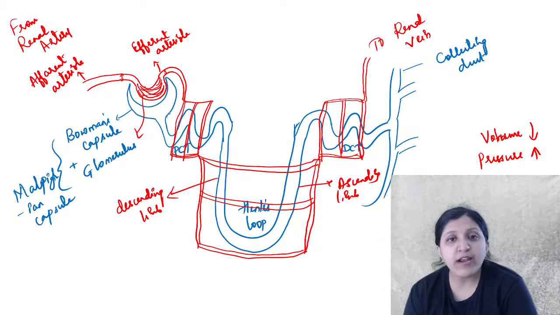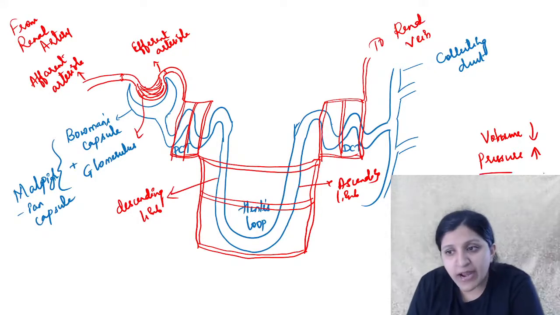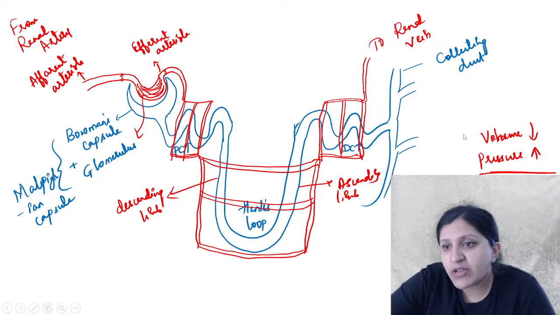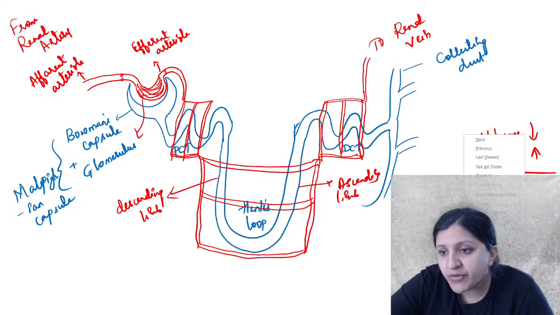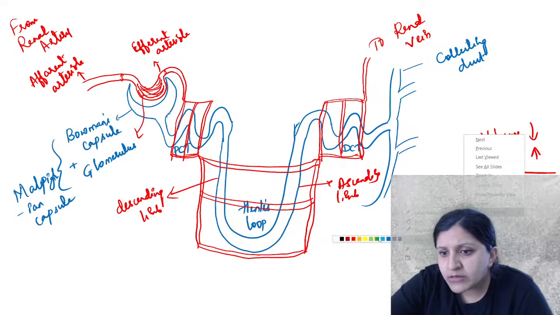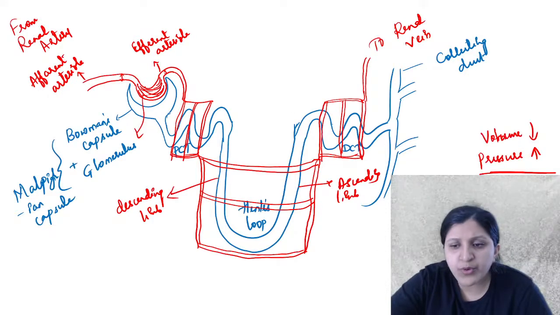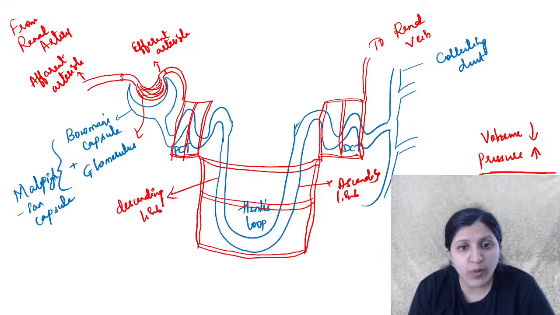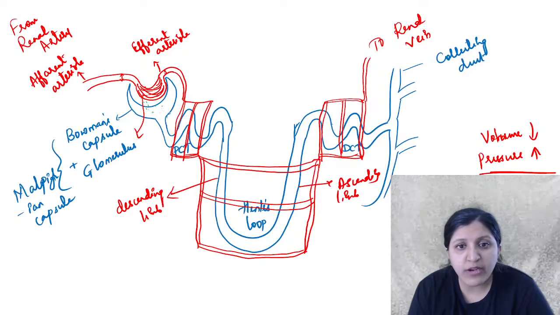As the pressure has increased, the liquid part, I'll just change the color so that you can make a difference with respect to that. Most of the liquid part of the blood will all get filtered in here.